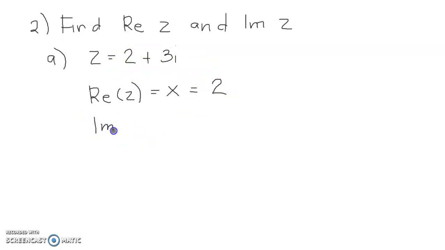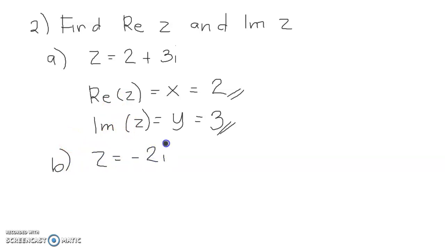For the imaginary part of z, the imaginary part of z is y, not yi. So that is equivalent to 3. So this is the answer for letter A. For letter B, we have negative 2i.